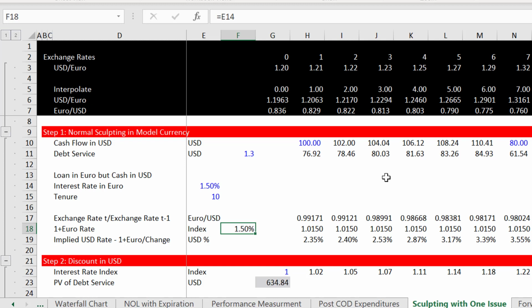I should be able to explain the theory a lot better on this, but I'm not good at it today. I'm sorry about that. Just put 1 plus the rate, and then you take the 1 plus the rate, 18 divided by 17 minus 1, and you get the implied USD rate for this euro, and it works. I've tried it, and that's the big deal.